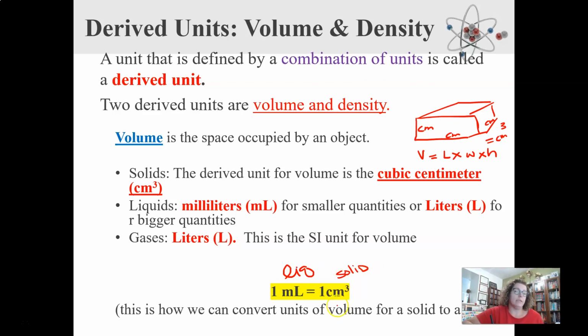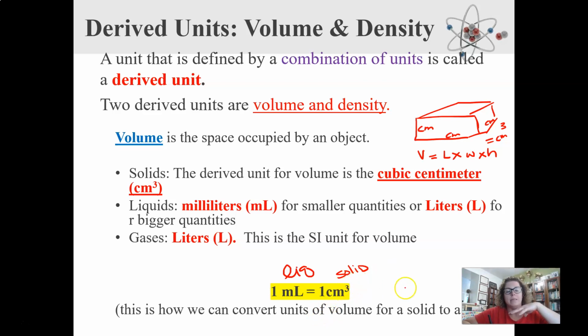So there is a correlation between them. If you have 1 mil of water, that's the same thing as saying 1 cubic centimeter. And when you see how I use this throughout this video, and in other videos when density comes back up, it's going to be like the light bulb that comes on. You're going to really understand why that's important, okay?